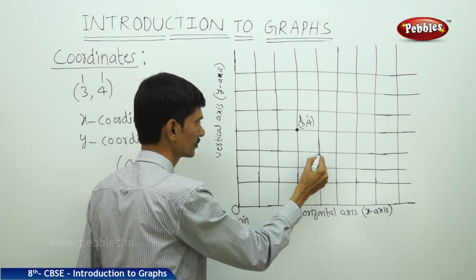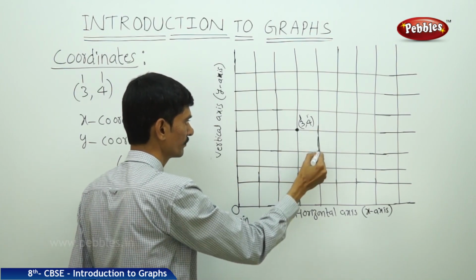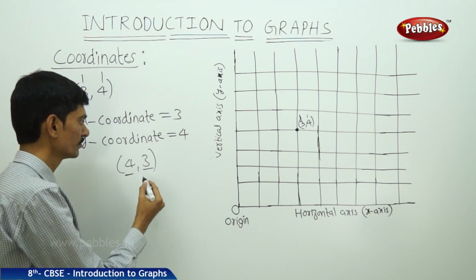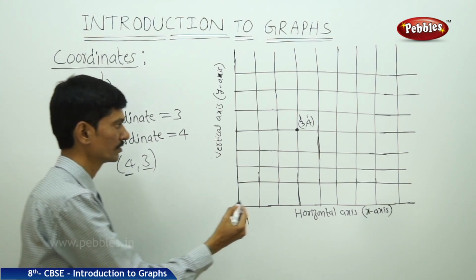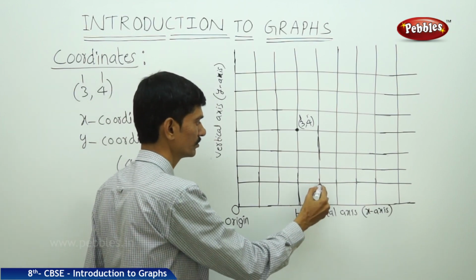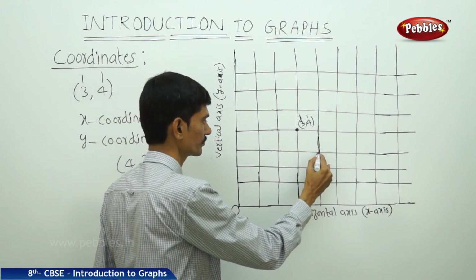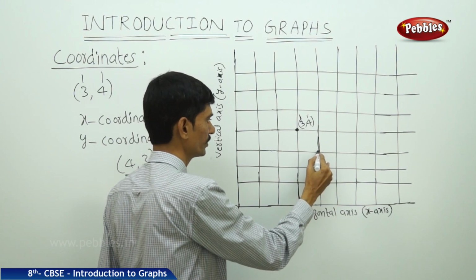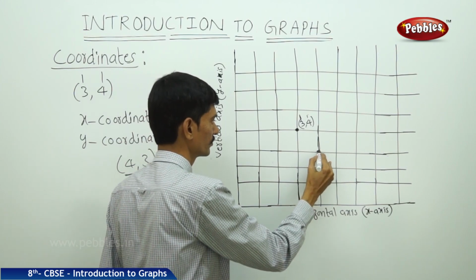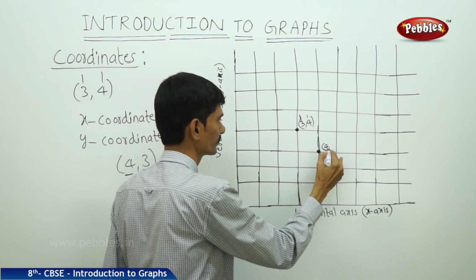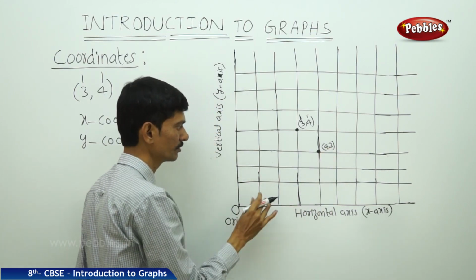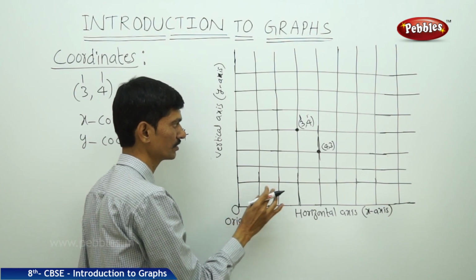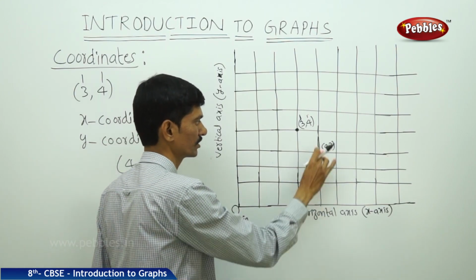Now we have to consider this line. Then similarly, simultaneously, we have to move 3 centimeters from the bottom. So here 1, 2, 3. So this point is (4, 3), which is 4 centimeters from the vertical axis and 3 centimeters from the horizontal axis.